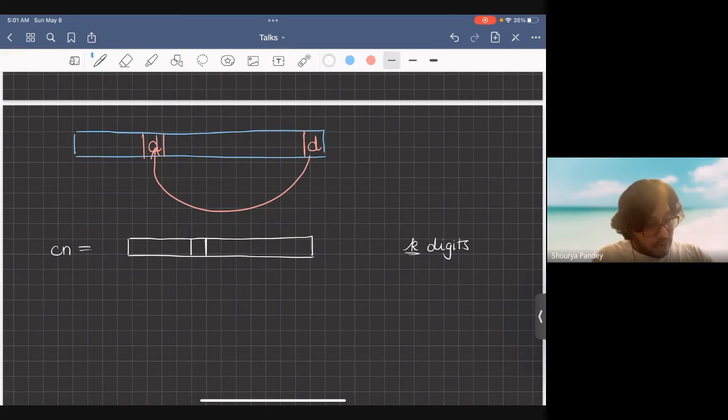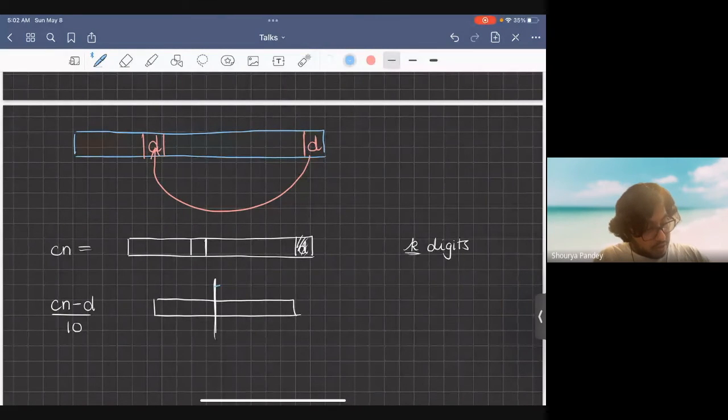Okay, so what I do is I take this d and I remove it. What that gives me is (Cn minus d) over 10, which is some block, right? And then I split it somewhere and put a d here. So now it depends on where I split it from.